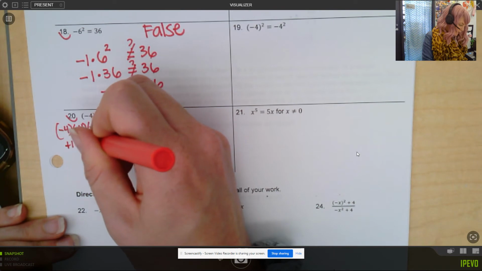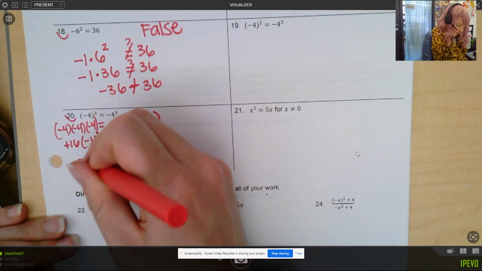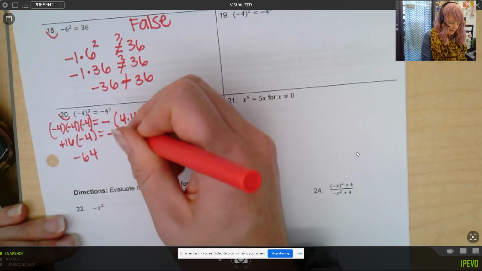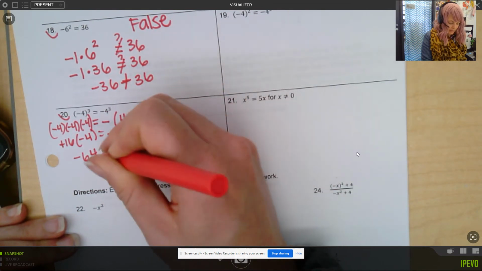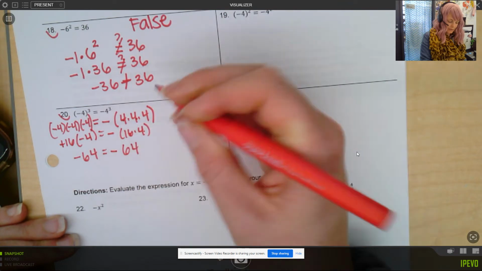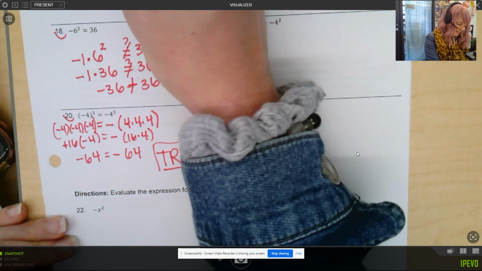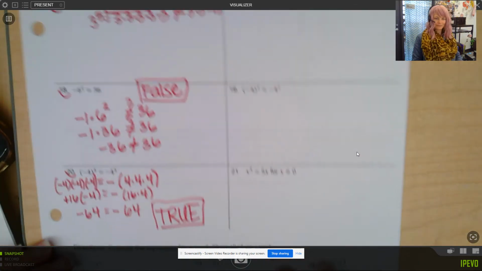And 16 times -4 is -64. Well, let's see. 4 times 4 is 16. 16 times 4 is 64, and you have this negative. So this one is true. Sorry, I'm using a red pen for all of these. It's a little misleading to our brain.